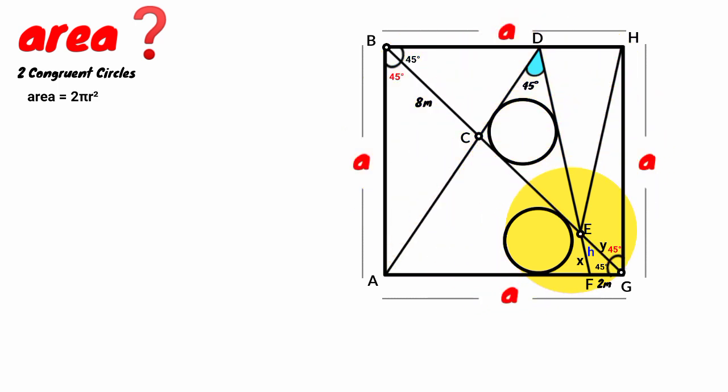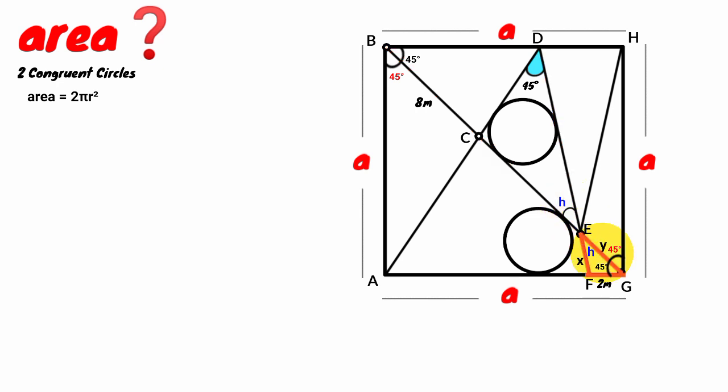Now come here, this angle and this are formed by two straight lines intersecting. That makes them vertically opposite angles, and we know vertically opposite angles are equal. So since this is h, this must also be h.